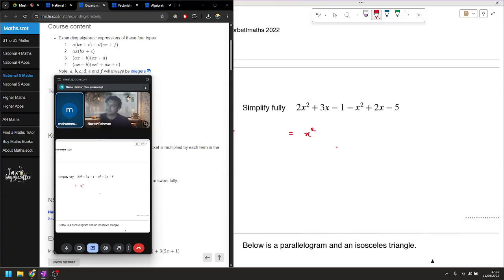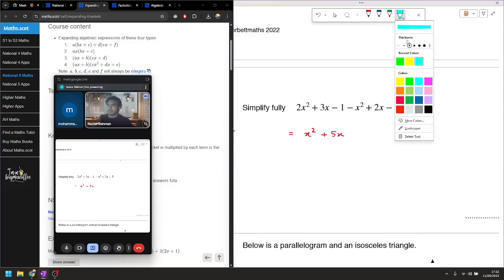Good. Positive 5x. Good. And then positive 4. Okay, almost there.